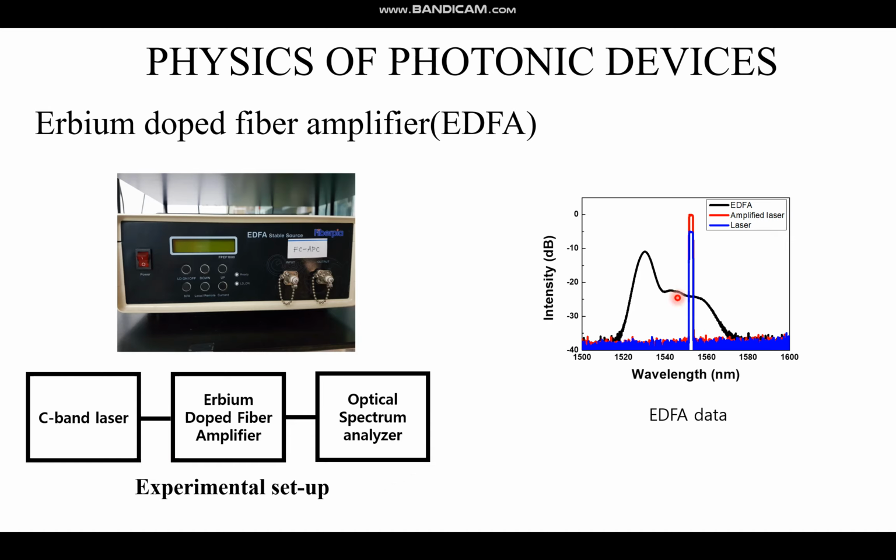This black line is the erbium doped fiber amplifier. The erbium doped amplifier shape is like a hat, and if we send the C-band laser signal, the blue one, through the EDFA, the output is the red one like this. So the signal laser is amplified more than the previous one.